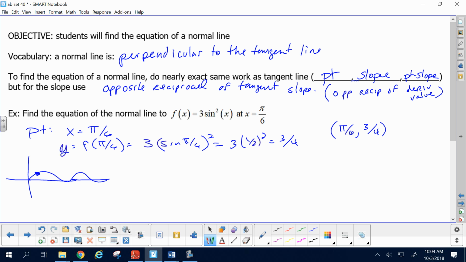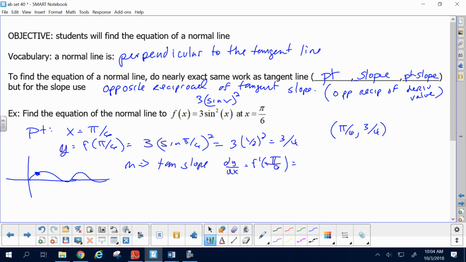Okay, the slope. Let's start by the derivative. You're going to first find the tangent slope. Then I'll deal with the normal, the perpendicular part. So the derivative, the slope, or f prime, at pi over 6. First, give me the derivative of 3 sine quantity squared. Is that a product rule or chain rule?